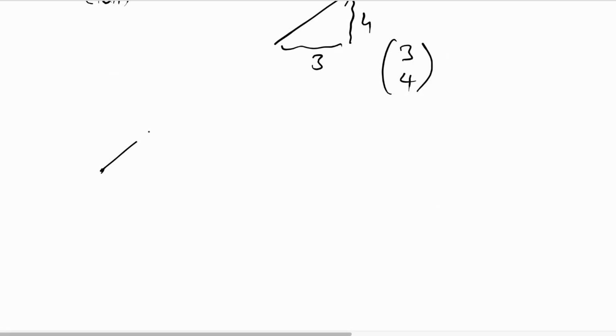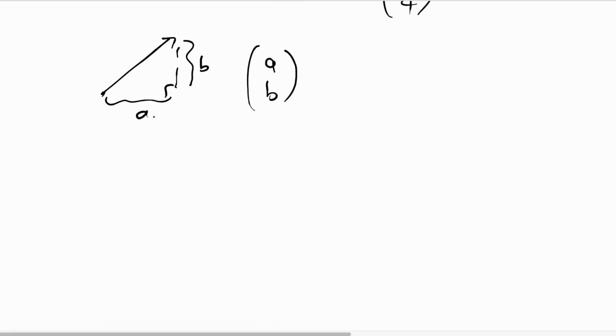If I have a vector with the x step as a and y step as b, I define it like this, (a, b). Now what happens if I scale both the x step and the y step? By scaling, I mean multiplying both the x step and y step by a scale factor k. That means the x step becomes ka and the new y step becomes kb.